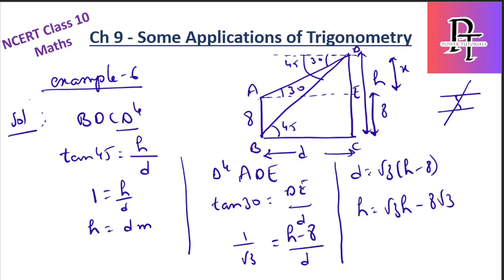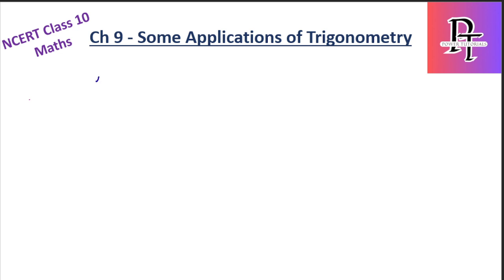If we move 8 root 3 to the left side and H to the right side, this becomes 8 root 3 is equal to root 3H minus H. So H is equal to 8 root 3 by root 3 minus 1.